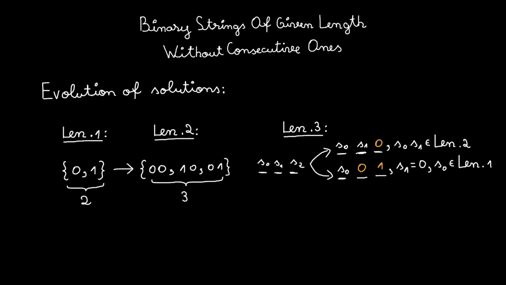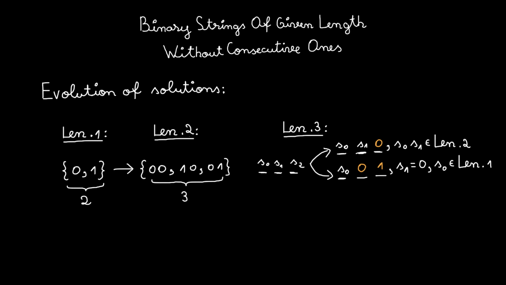This means that the valid strings of length 3 are either of the first type, which means that the last character is a 0, and the prefix of length 2 is part of the previous set, or of the second type, where the last 2 characters are 0 and 1 respectively, and the first character is part of the first set.